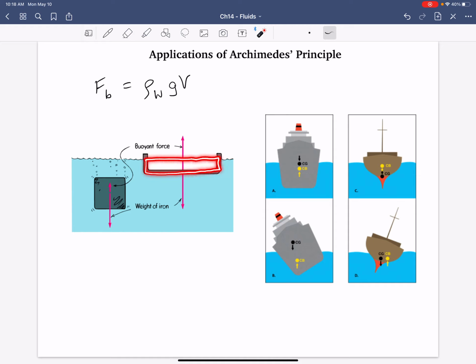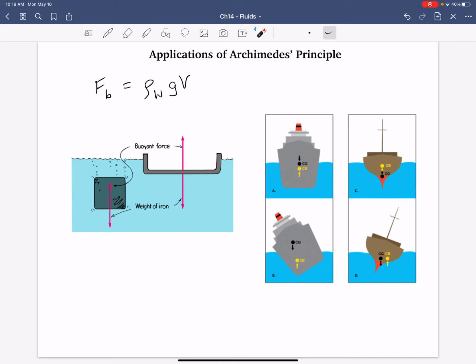This entire volume is much greater than this was, even though the picture may not look like it, right? You can picture this boat here as being very long into and out of the page. Okay, so this volume of water right here weighs much more than the iron does itself. And so that's why the buoyant force, which is the force trying to keep it afloat, is greater than the actual weight of the iron itself.